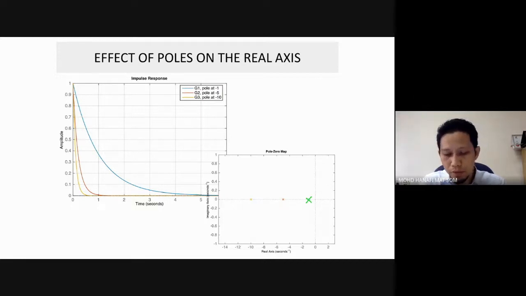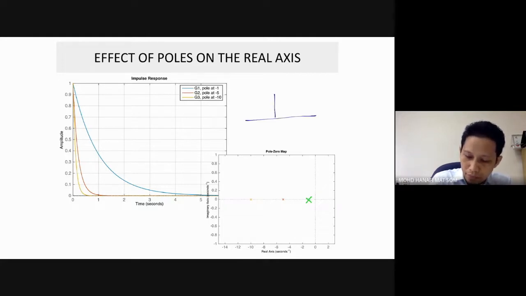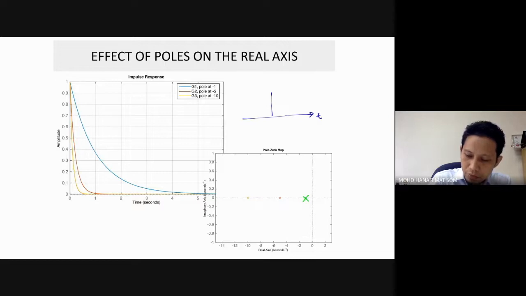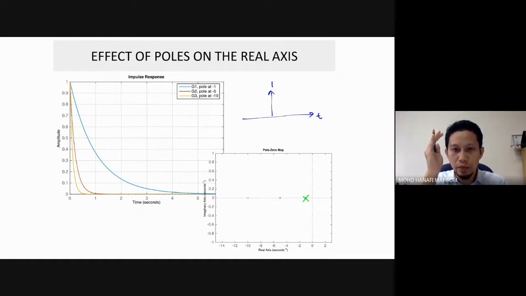When you plot an impulse, with t on the horizontal axis and amplitude on the vertical, you give an impulse input. Let's say the amplitude here is 1, and you give 1 only at 1 second, and then you see what is the response.